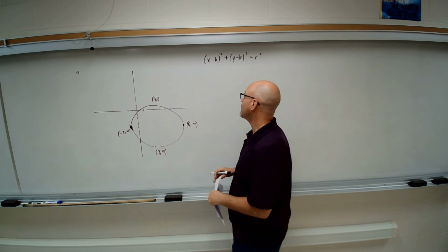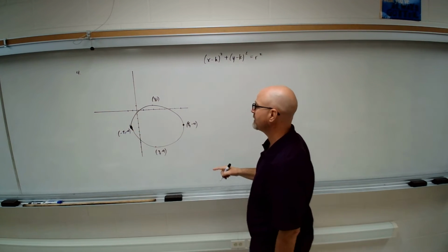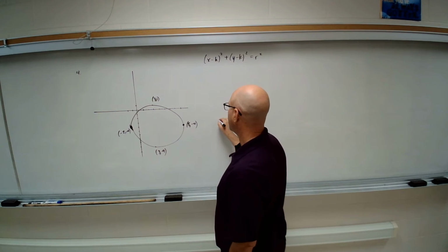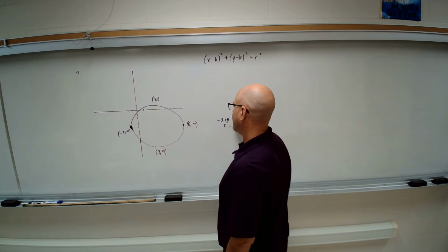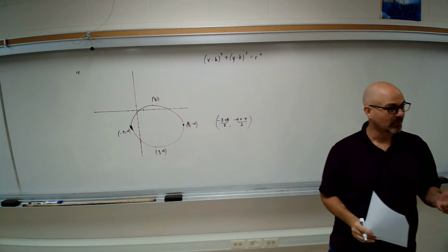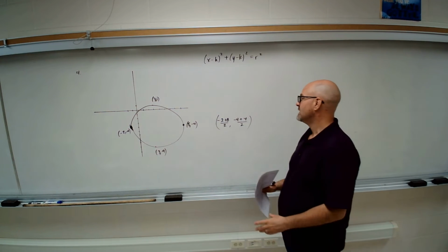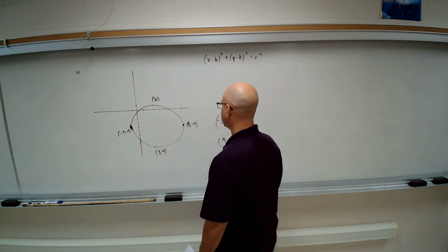So the way we're going to do that is to find the midpoint of (-2, -4) and (8, -4). We're going to do (-2 + 8)/2 and then (-4 + -4)/2. You just take an average of the x's and the y's. Don't subtract, you just add them together and divide by 2. So here we get 6 divided by 2, which is 3, and then here we get -4.